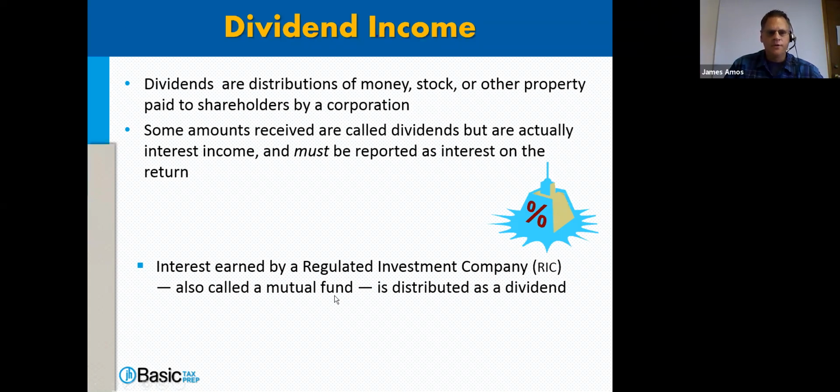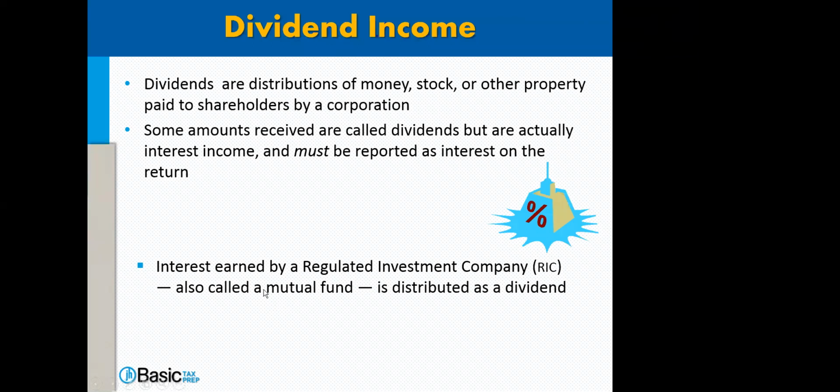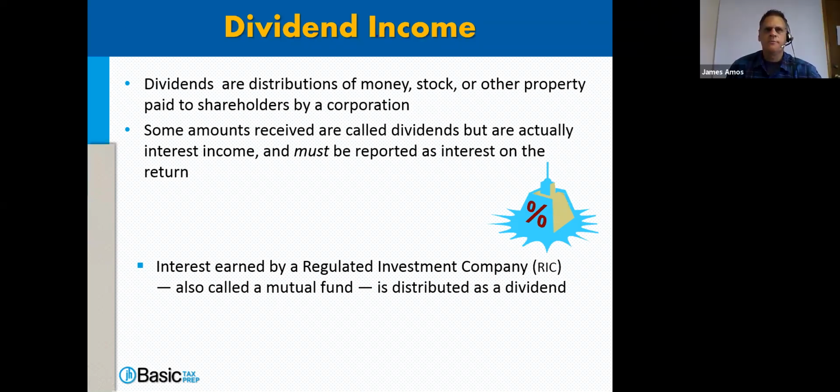There's also a thing called a regulated investment company, or a RIC. We mostly know them as mutual funds. That's where people group together to buy groups of stock. In that situation, distributions from them are considered dividends. So what you're doing there is you're not really buying individual stock in, like, PG&E or individual stock in Nestle, for example.